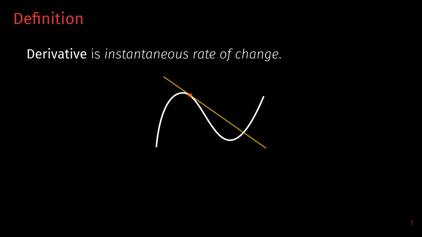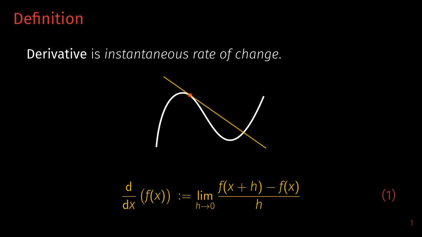Now, the way we can define this algebraically is using the following expression. This is the usual notation, where we have d over dx, meaning the derivative with respect to x, and next to it, we have the function f of x. Now, we can define this to be the following limit. And the intuition behind this is that you essentially pick 2 points and you try to make them very close together.